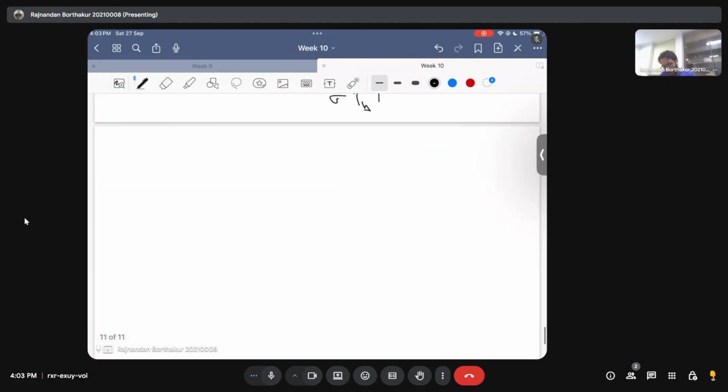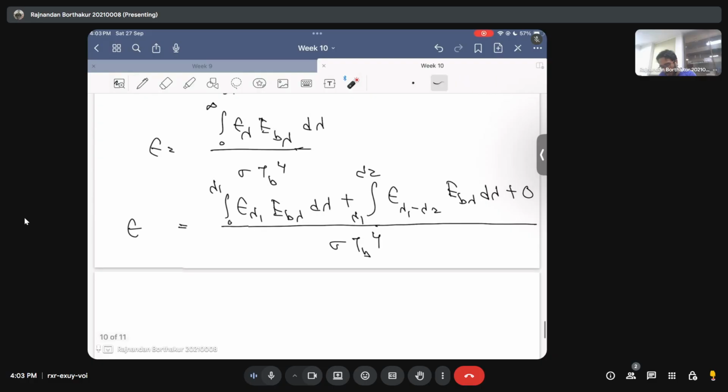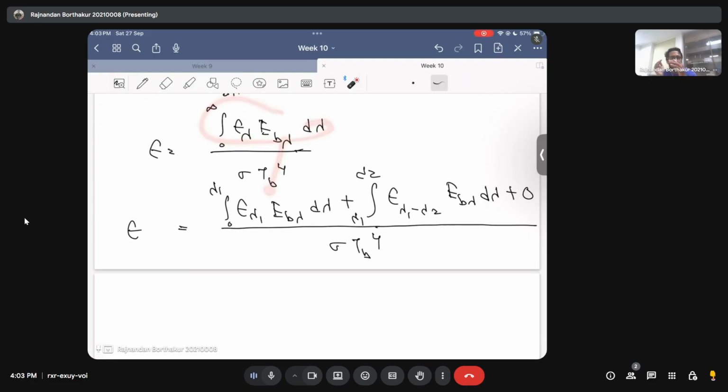I hope you understood. What we are doing is breaking this in terms of the bands where the spectral emissivity is constant. The reason why we are doing this will be clear from now. We are writing this 0 because we know that greater than 5 micrometer the spectral emissivity is 0.